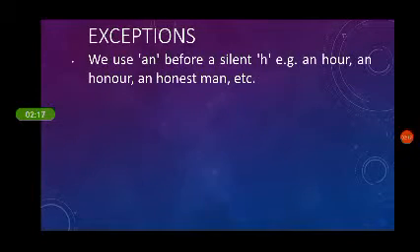We use an before a silent H. For example, an hour, an honor, an honest man. So we cannot say a hour, no, because the H there is silent. So we say an hour.